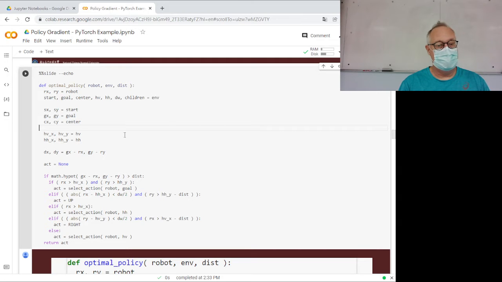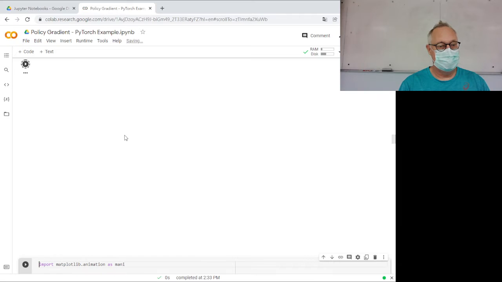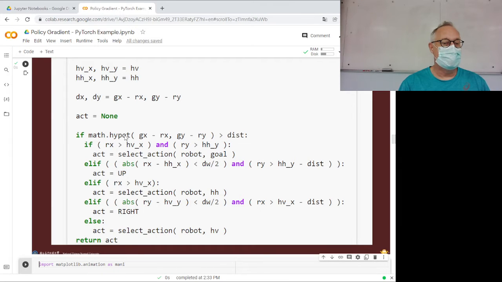So now for any location, I can tell the robot exactly what it should do. So our reinforcement learner doesn't know this, right? The whole point of the reinforcement learning is to learn this function rather than reasoning about it and implementing it.